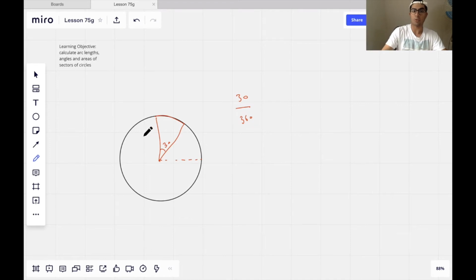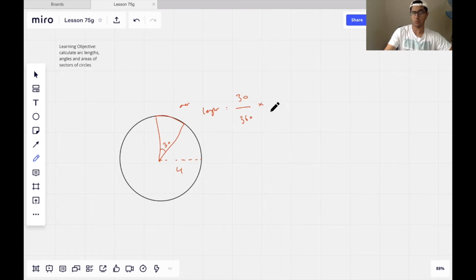We just think about what fraction of the circle it is, and the fraction will be the angle divided by 360, and then we multiply by the circumference, or if we're looking for the area, by the area. So if this is 30 degrees, and there's a radius of 4, and we're asking to calculate this arc length in red, the length is equal to the portion of the circle times the circumference.